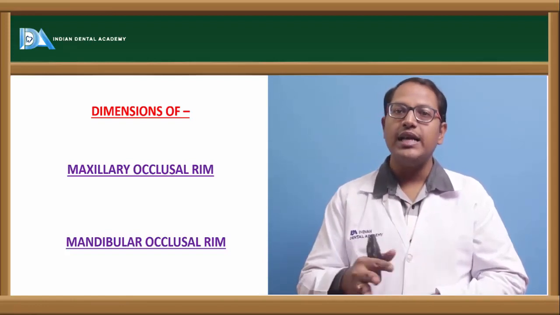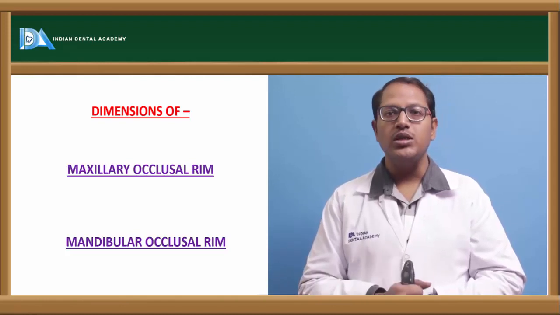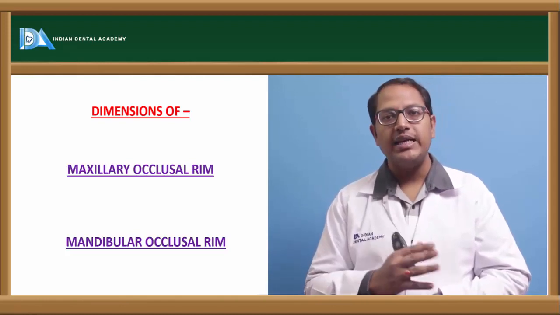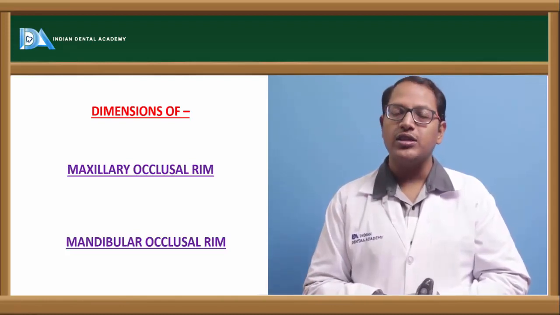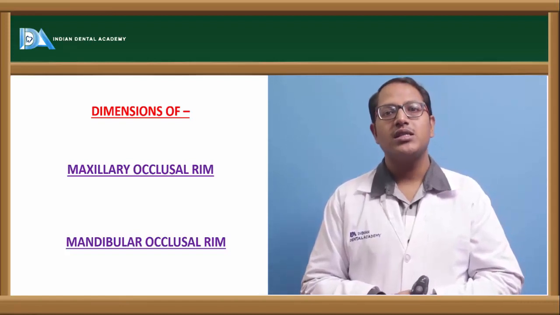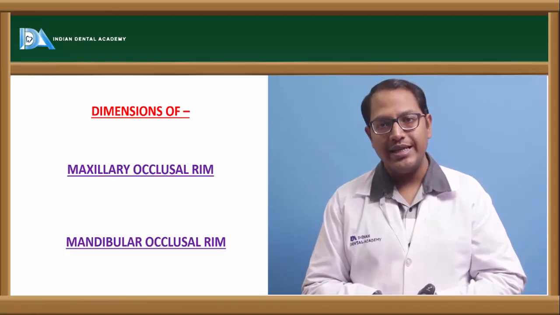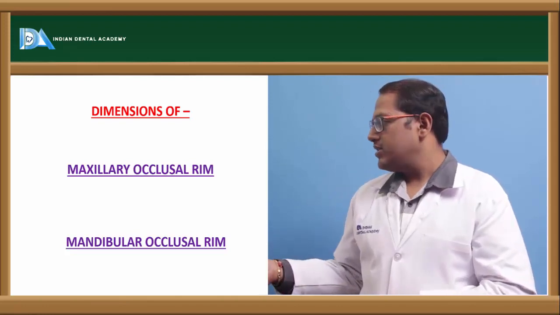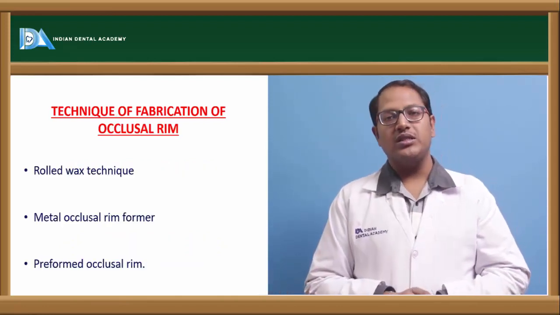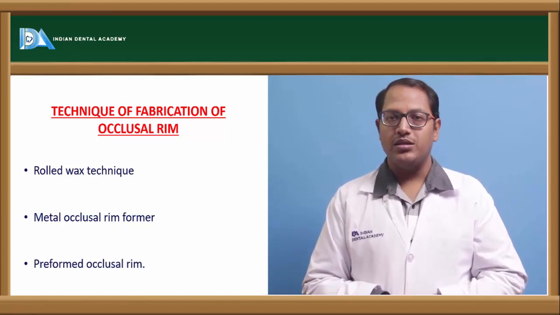Rather, they will be in an inclined direction. Whenever the force is inclined, it is detrimental to the underlying bone, causing resorption of the bone and also tilting and teetering of the denture base. So these were the dimensions of the maxillary and mandibular wax rims.